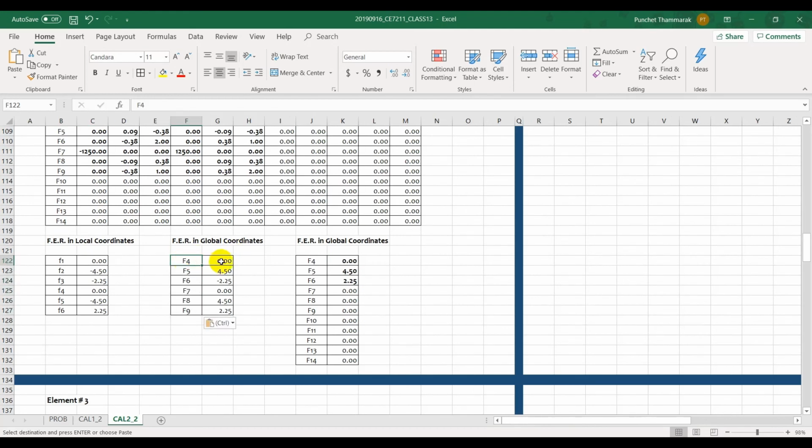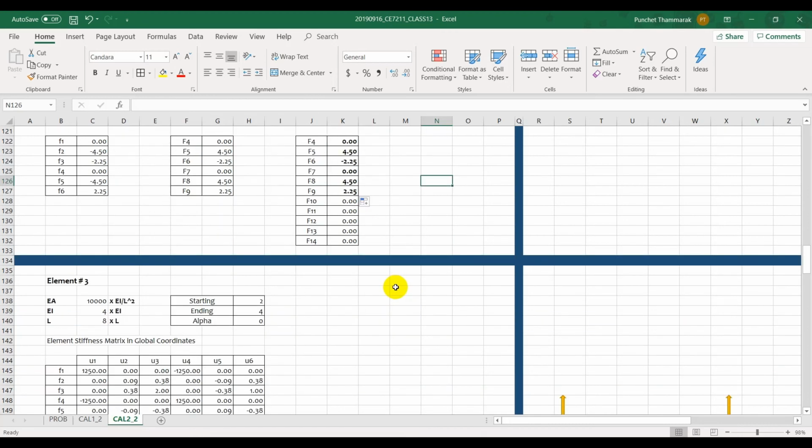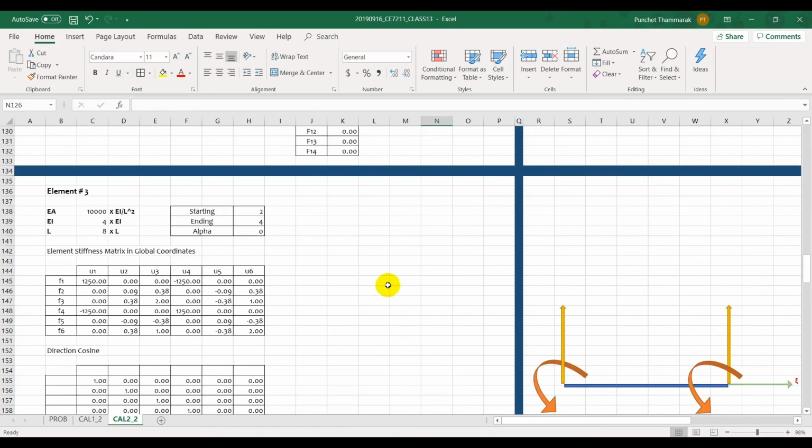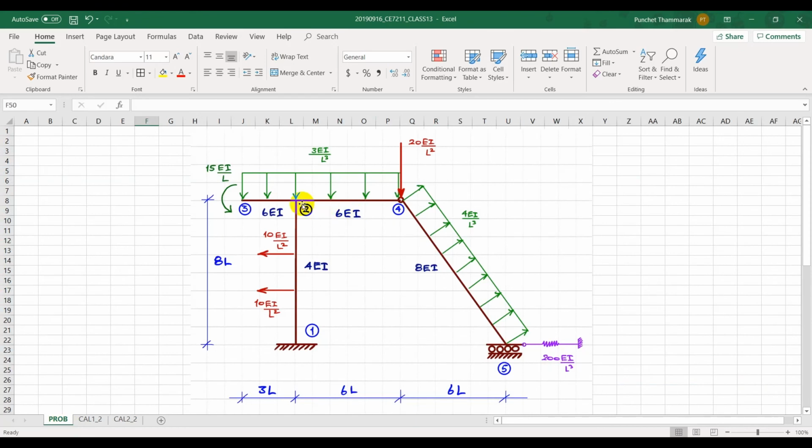So for local degrees of freedom, it is for the equation F4, F5, F6, 7, 8, 9. And you have 4, 5, 6, 7, 8, 9. Alright, done. Let's move forward to the next element, number 3.